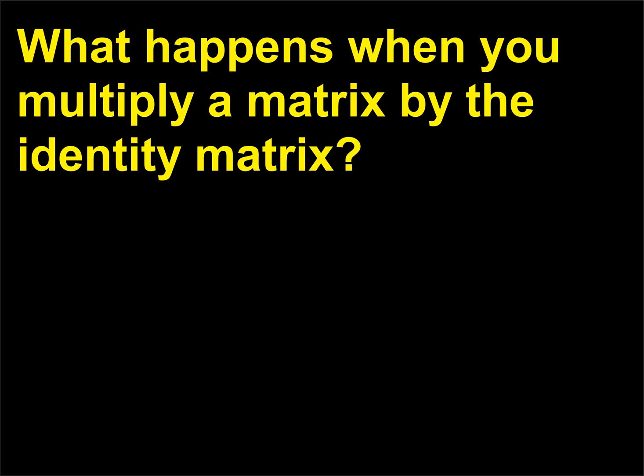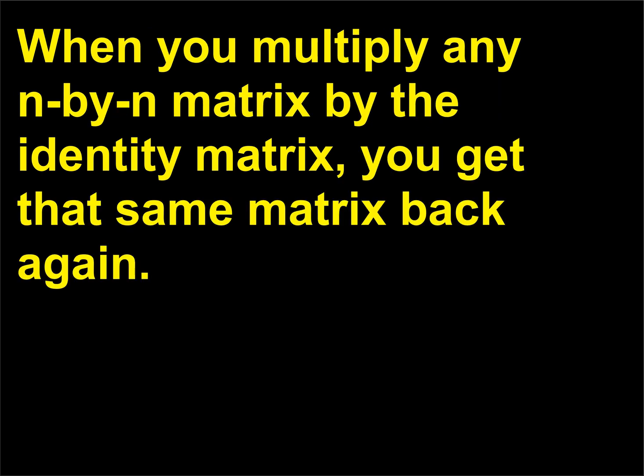What happens when you multiply a matrix by the identity matrix? When you multiply any n by n matrix by the identity matrix, you get that same matrix back again.